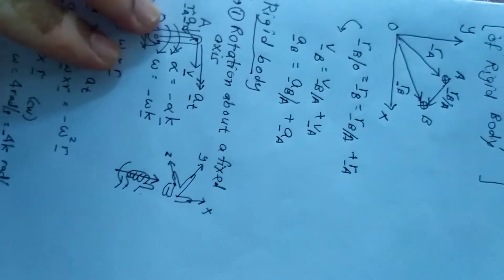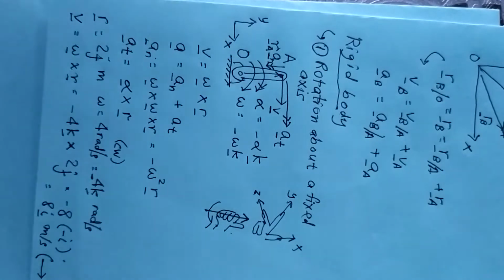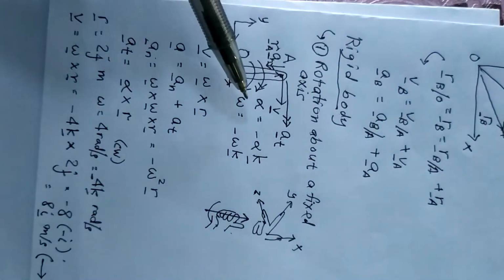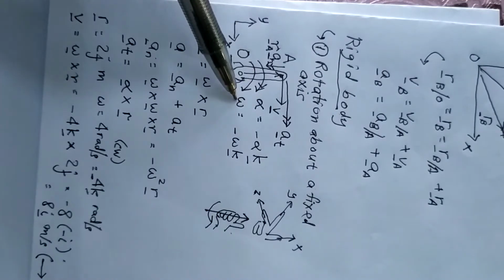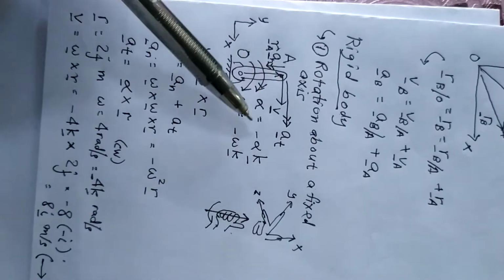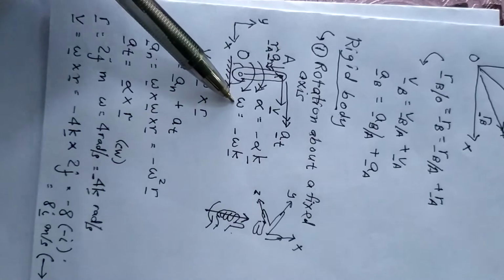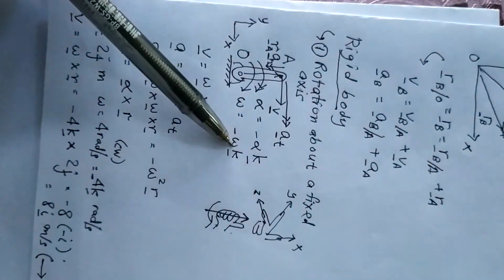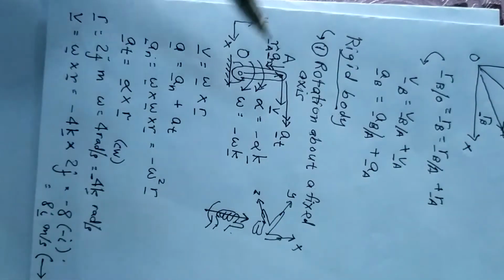In the last example, we went through a rigid body subjected to angular acceleration alpha and angular velocity omega, and I explained how we can represent these angular movements, either velocity or acceleration, in vector form by using the right hand rule.